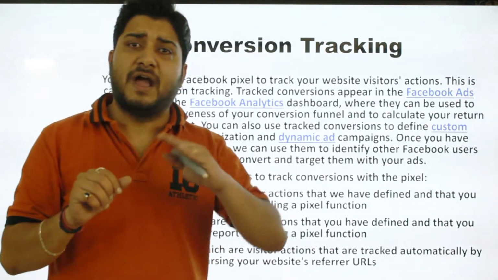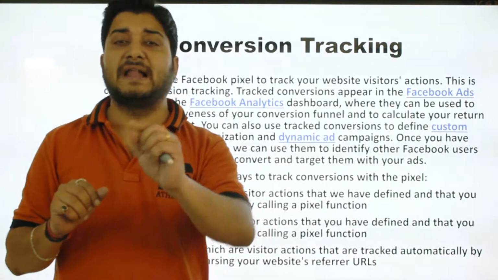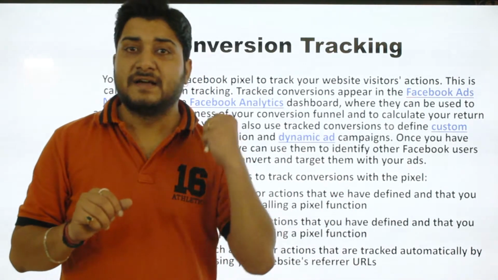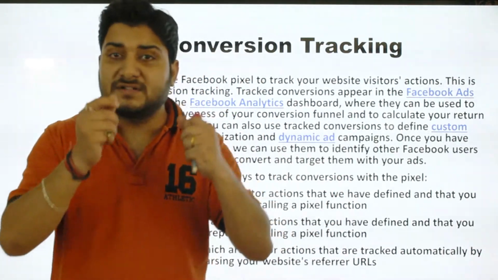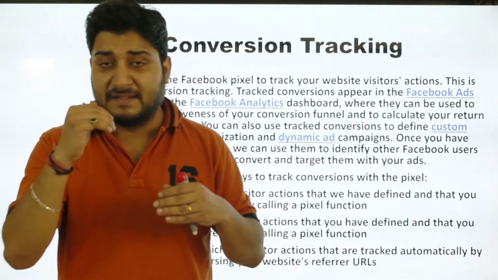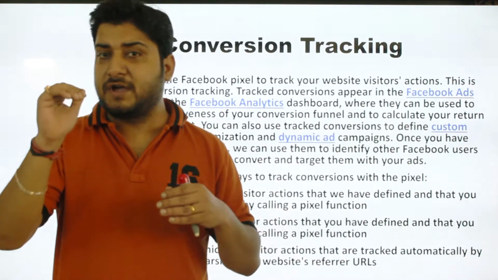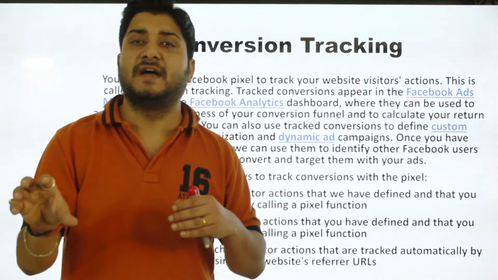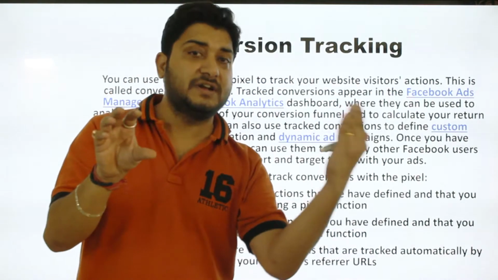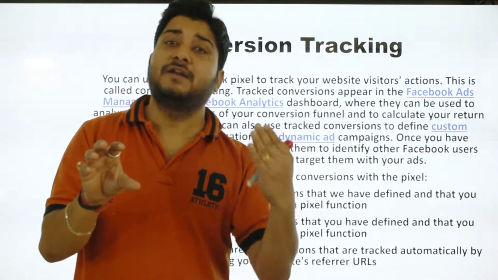So any user who clicks onto your ad and then moves to your website, the pixel fires. Once the pixel fires, it records that particular user into that bucket. By this, you can check that, okay, these are the number of users who have interacted with my ad and have shown an interest onto my website or app.